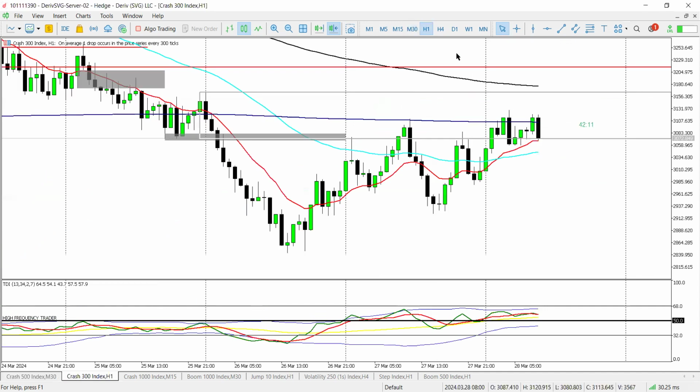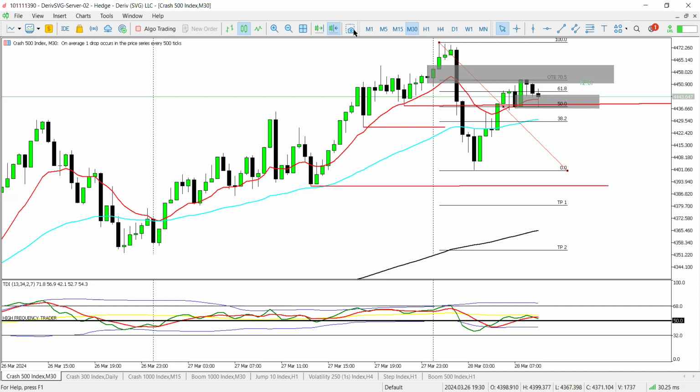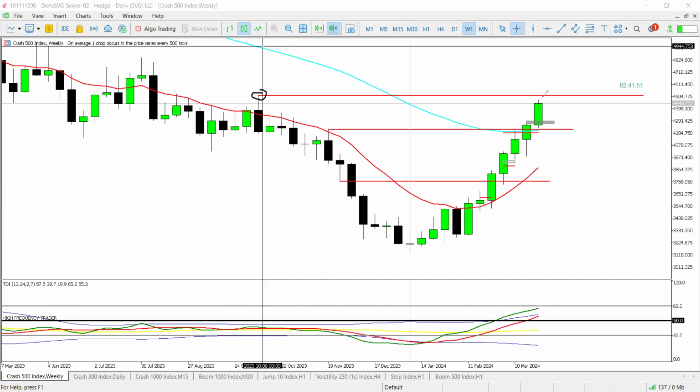Then going to C300. Oh, there's something which I forgot to mention. If we go back to C500, you will notice that I've got a point of interest at 45-15. You see it's this point here. Price might actually extend the high again just to tap into that area before we get a reversal.